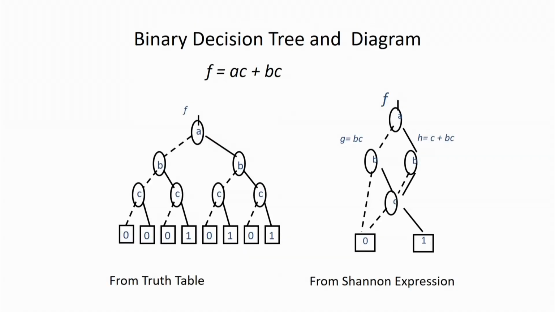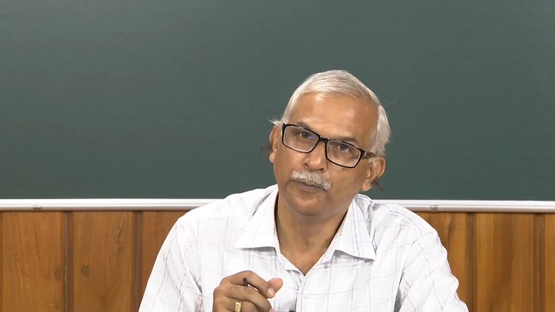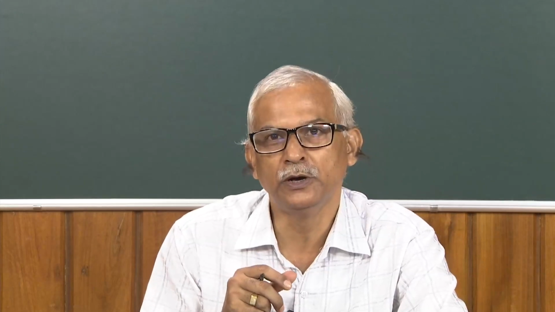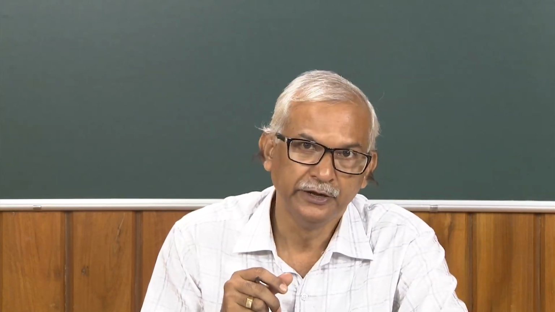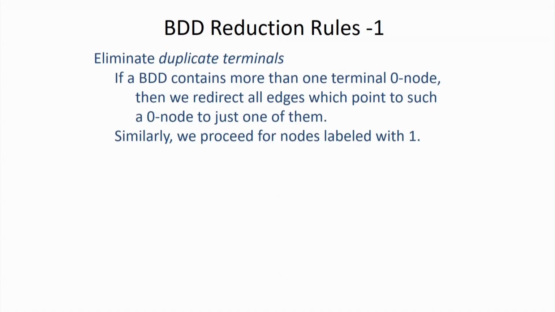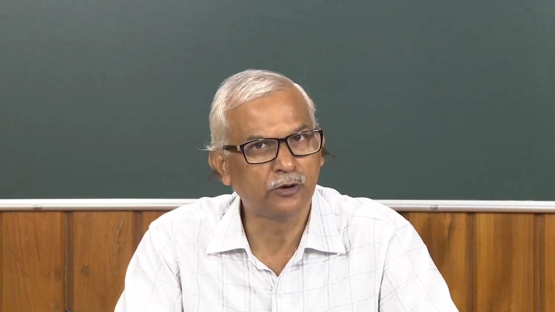Now, there may be scope to further reduce this BDD or BDT. We will see the reduction rules. The first reduction rule says to eliminate the duplicate terminals. Because the terminals have either value 0 or 1, we have multiple terminal nodes with value 0 and with value 1.